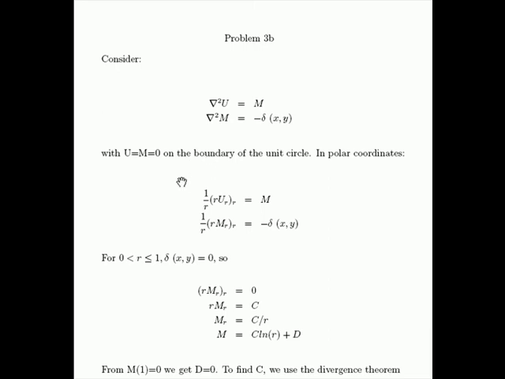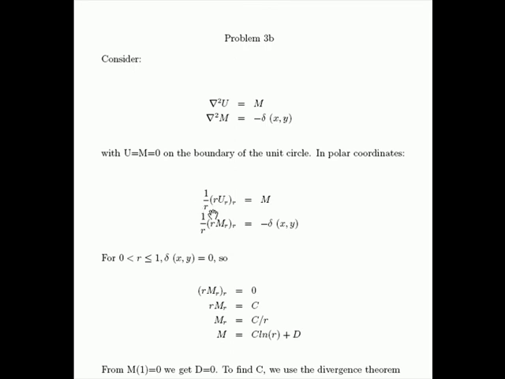Okay, so how in the world do we solve that? Well, it's obvious that u and m are going to be functions of r only because it's a circle and the force is in the middle and the boundary conditions are the same all around. So u and m should be functions of, in polar coordinates, r only, not theta. And the Laplacian of u in polar coordinates, if u sub theta is 0, is this.